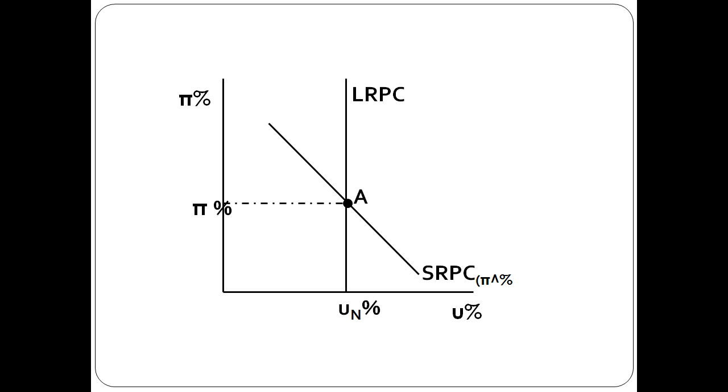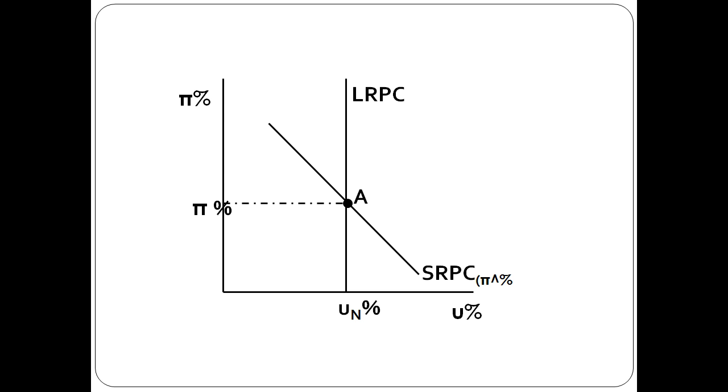So we have our inflation rate on our y-axis, we have our unemployment rate on our x-axis, we have our long-run Phillips curve, which is vertical above the natural rate of unemployment, and we have a downward sloping short-run Phillips curve, which intersects the long-run Phillips curve at a point A, and as you can see at point A, you are at an inflation rate and you're at the natural rate of unemployment.